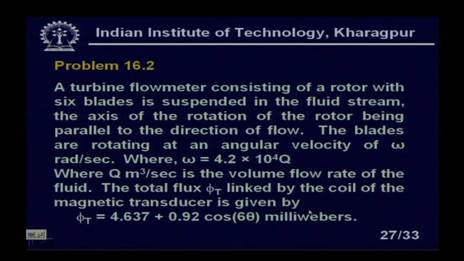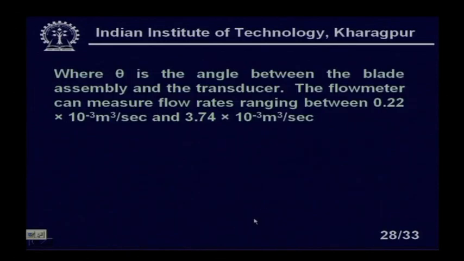This is in milliwebers, where theta is the angle between the blade assembly and the transducer. These are all very standard notations which we have given in our particular lesson, so we exactly use the same notations here.